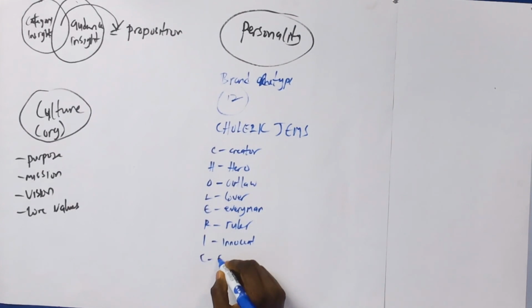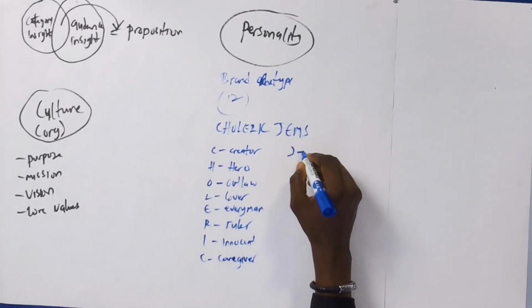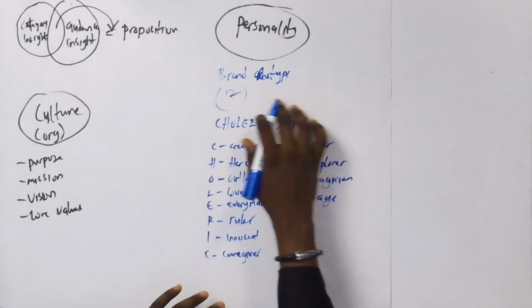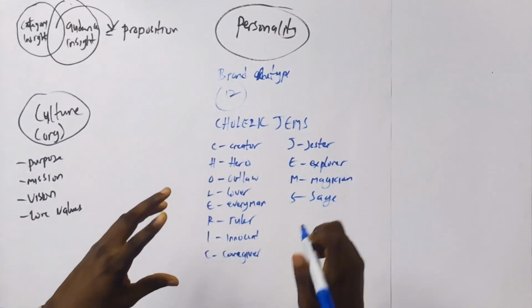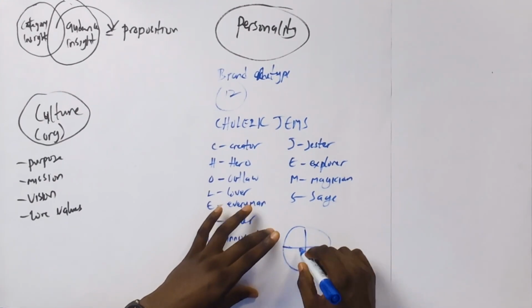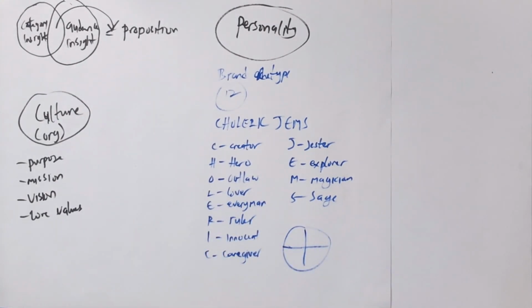I is innocent. C is caregiver. J is jester. E is the explorer, M is the magician, and S is the sage. This is a very weird mnemonic, really, but they are grouped. It looks like a circle, and each of these has three inside of them. But it's just for me, really.